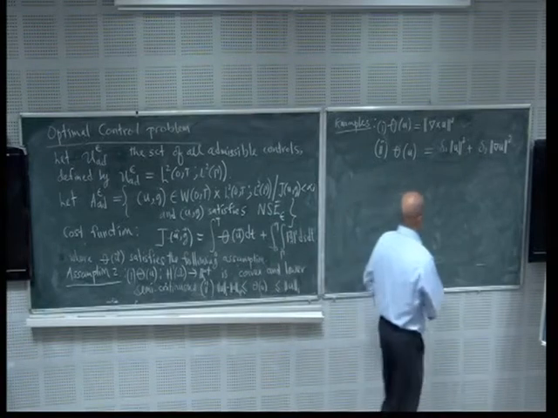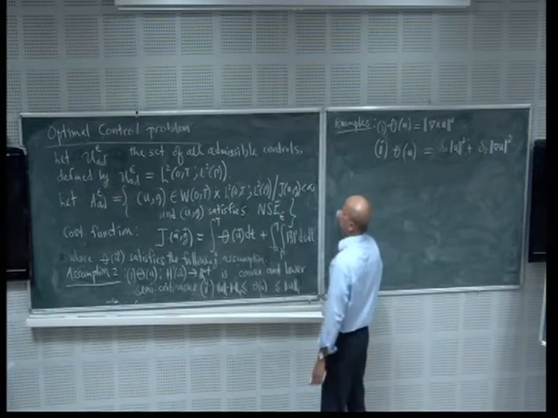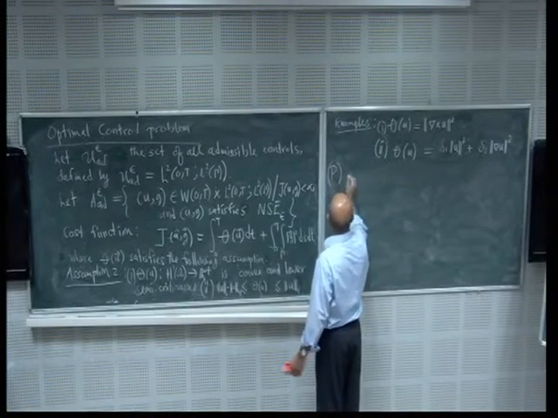Okay. So here is the optimal control problem. I'm going to call this P epsilon.